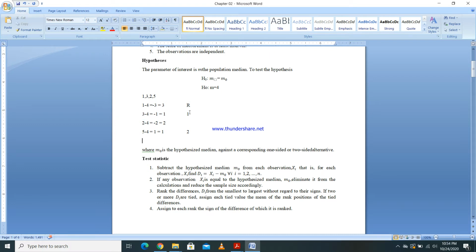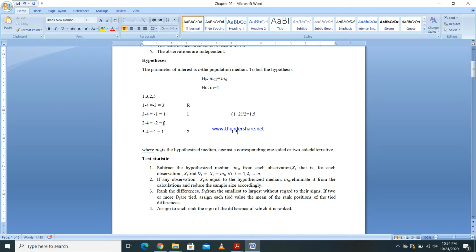So what I'm going to do is I'm going to take the mean value of these two rank positions, that is 1 and 2. So how do you take the mean value of 1 and 2? You take 1 plus 2 and then you have to divide by 2. So 1 plus 2 is 3, and when you divide by 2, that is 1.5. So rank of this observation would be 1.5 and rank of this observation also would be 1.5.